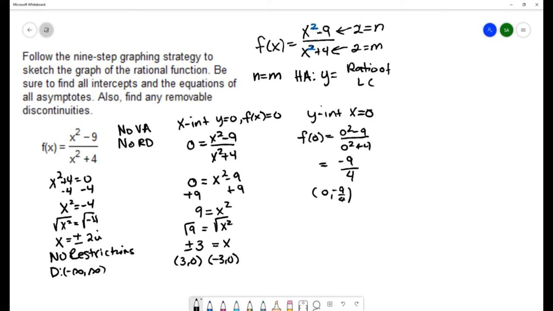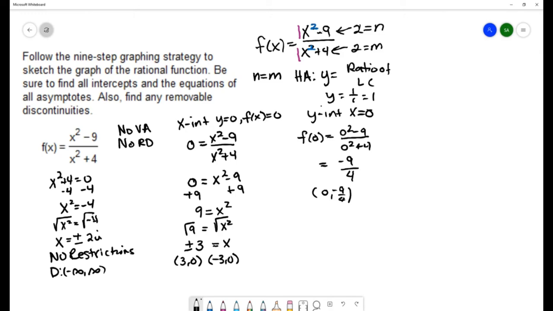The leading coefficients are attached to the highest degree term. Our highest degree term is x squared, and our leading coefficients are 1 and 1. So the ratio of those, 1 over 1, is going to be 1. So this rational function has a horizontal asymptote at y equals 1.